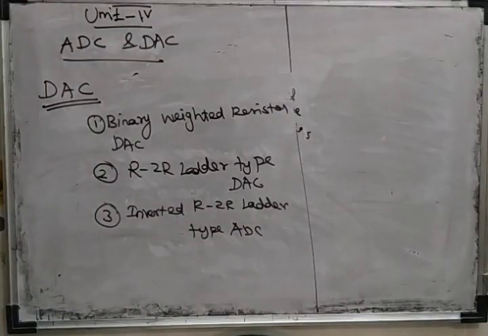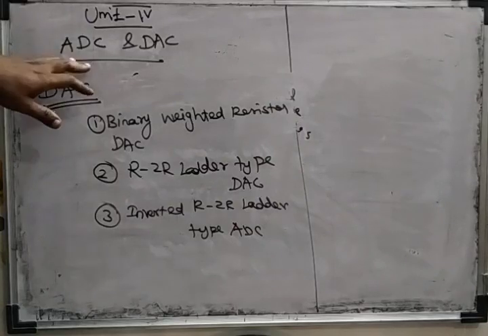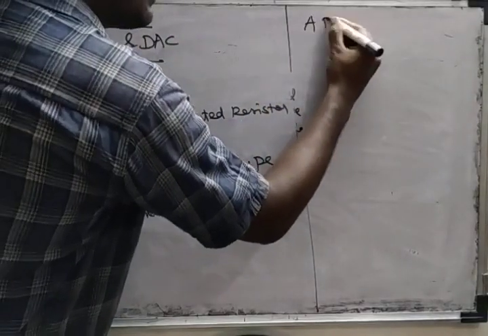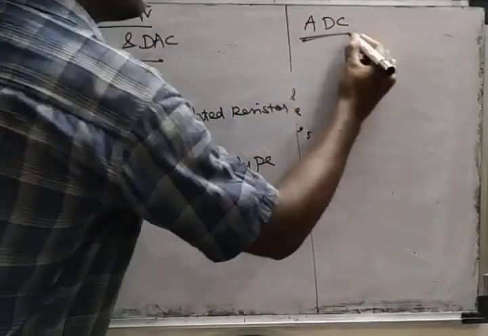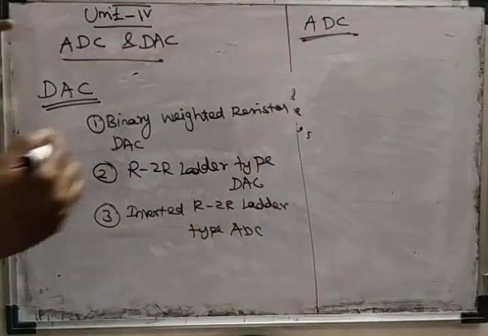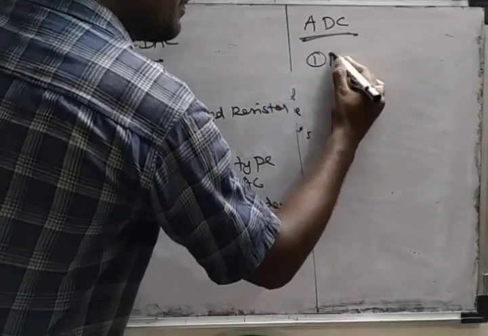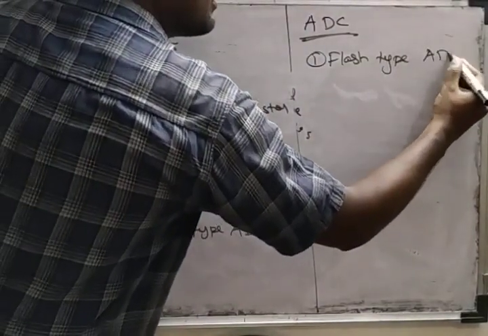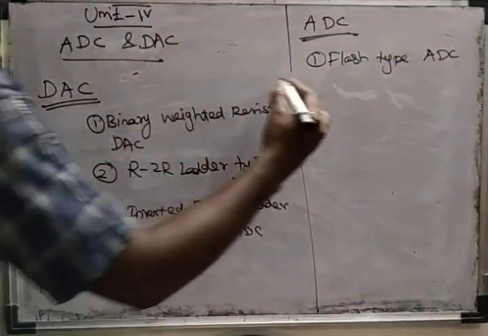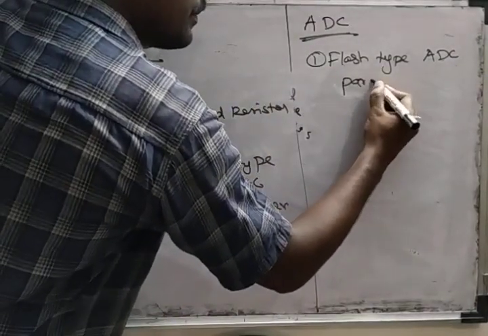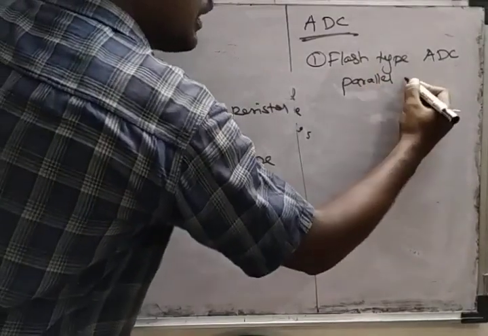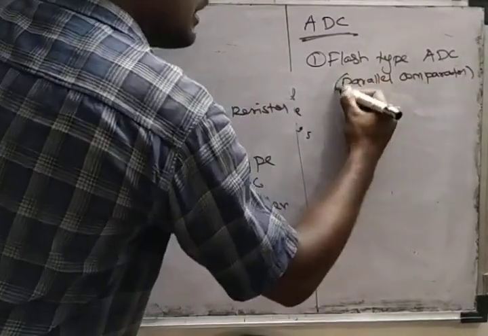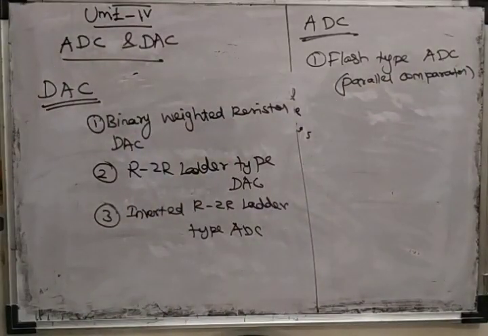Then we are going to learn about analog to digital converter. Under ADC, we are going to learn about flash type ADC, also called parallel comparator type analog to digital converter.